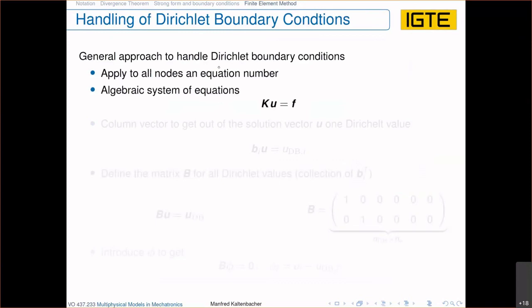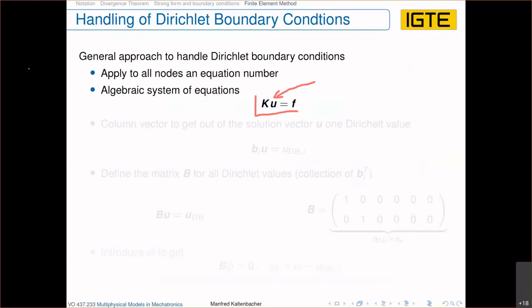Which means you now get an algebraic system of equations, as shown here, but in our solution vector we will have entries which include our already known values at the Dirichlet boundary.